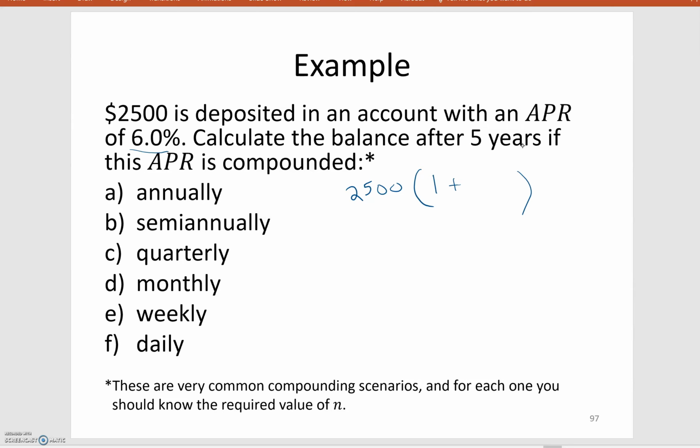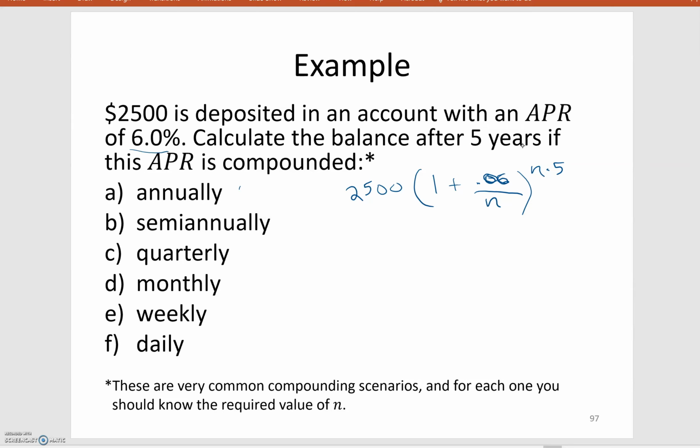We have a fixed APR of 0.06. But then the thing that's going to change is this N. T is not going to change. T is because we're going to do it for 5 years. So T is going to be 5, but N is going to vary for each one of these.